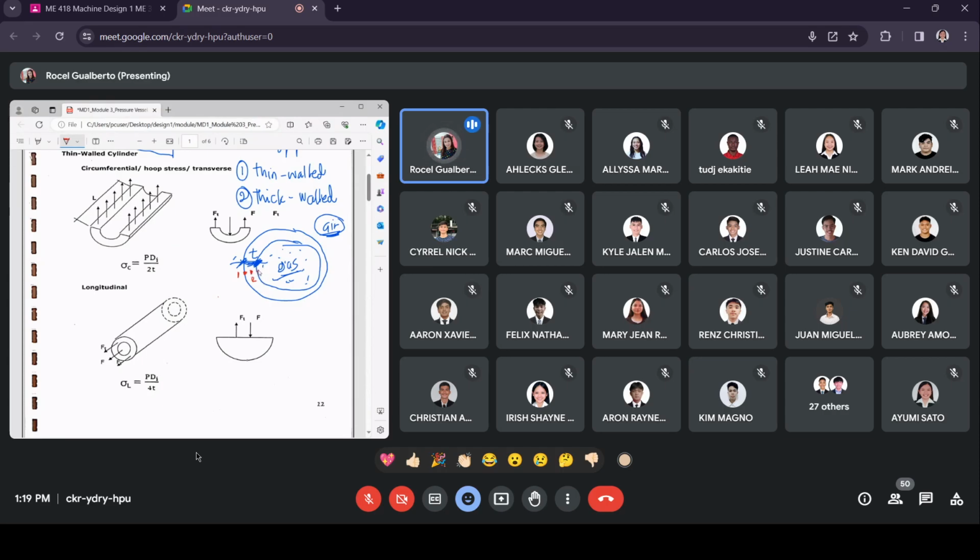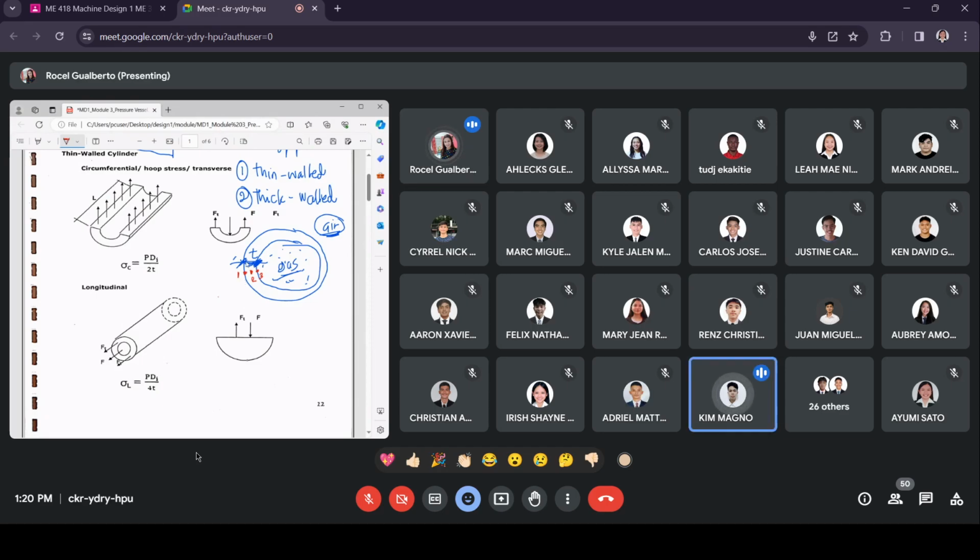And then you have here point 3, that is at the inside surface. So 3 is the inside surface, 2 is along the thickness, and 1 is at the outside surface. So which among these points is in direct contact with the pressurized fluid? 1, 2, or 3?